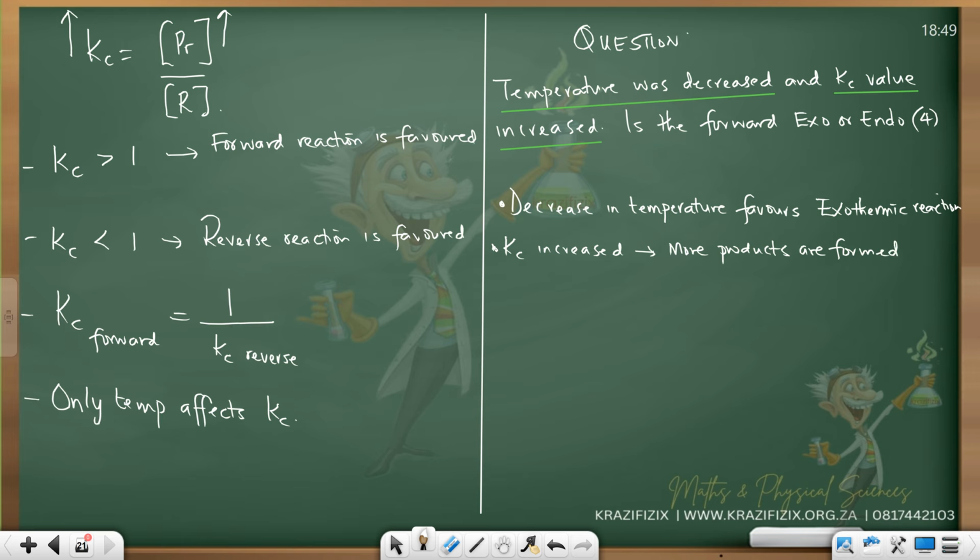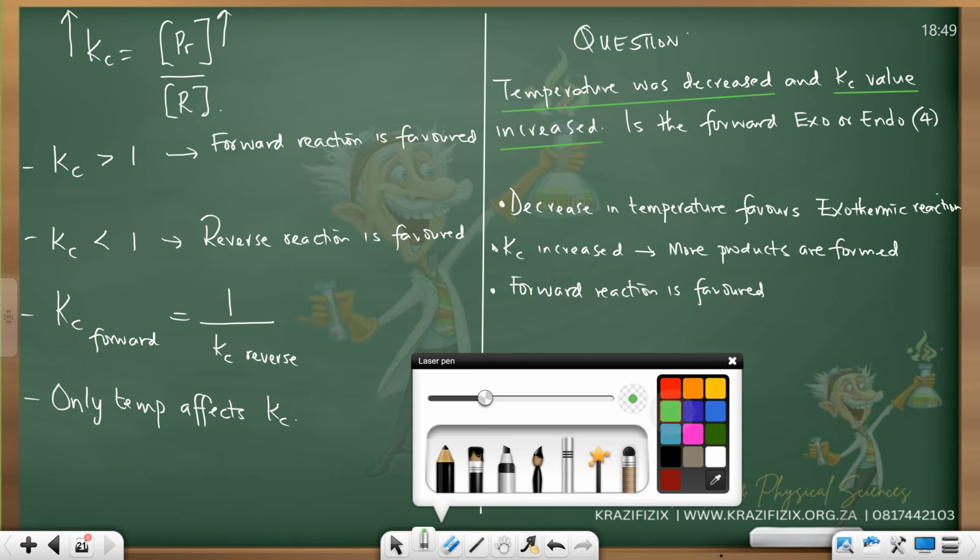And if more products are formed, which reaction is favored? Forward. Forward reaction is favored.